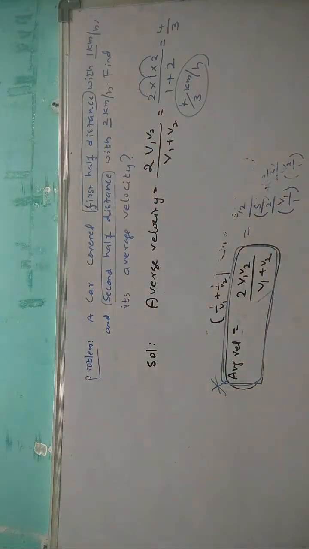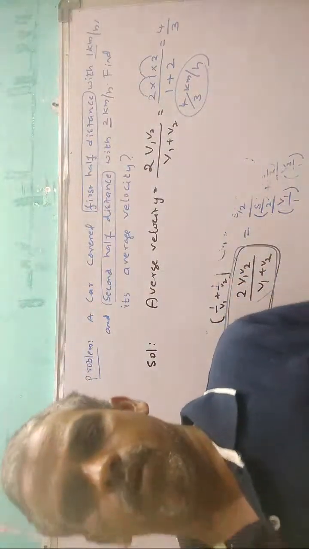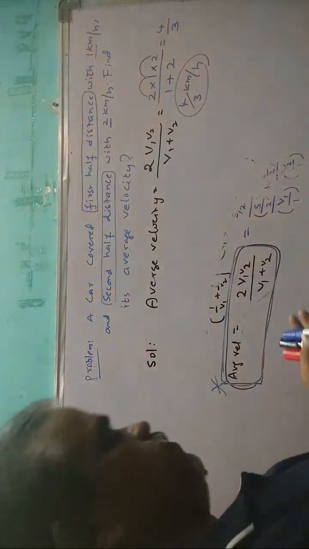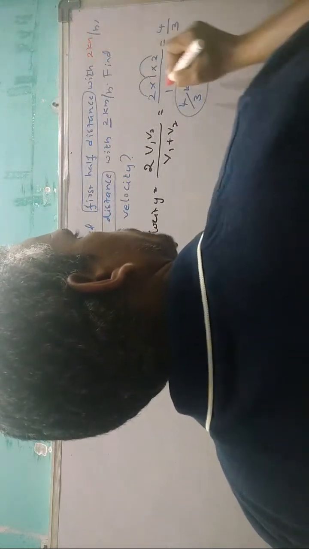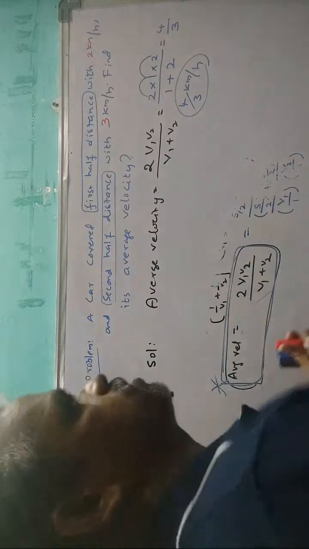Okay, copy it. Now I'm changing the digits. You do first. 2 kilometer per hour, 3 kilometer per hour. Find average velocity.